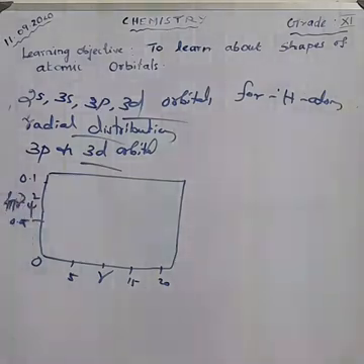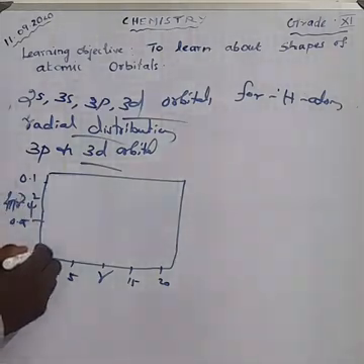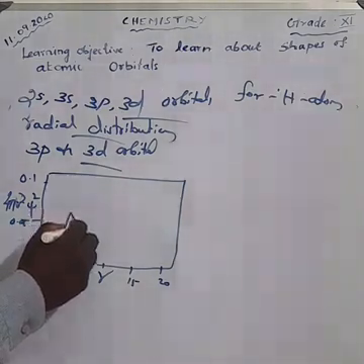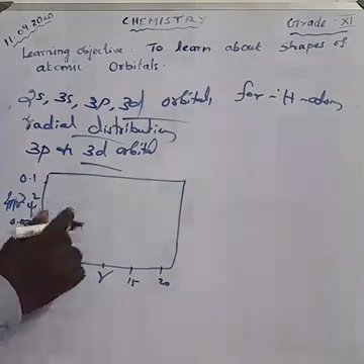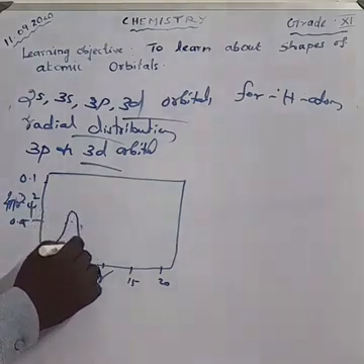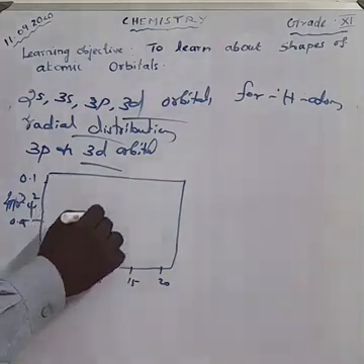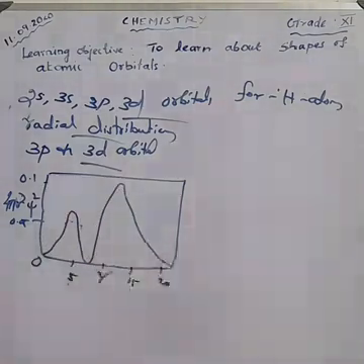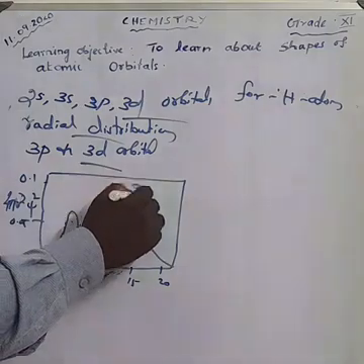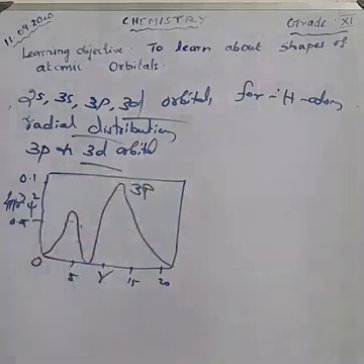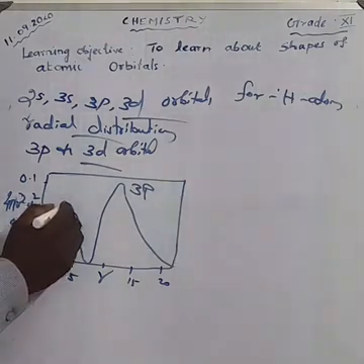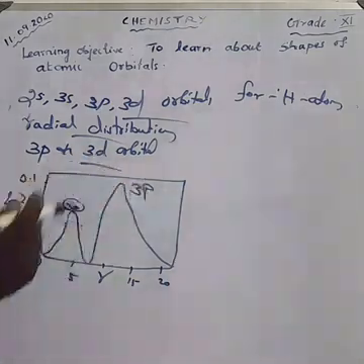The slope starts from 0, slightly increases to the maximum probability, then decreases, then increases again, and decreases again. This is for 3p. This is about the 2p, and this is 3p.